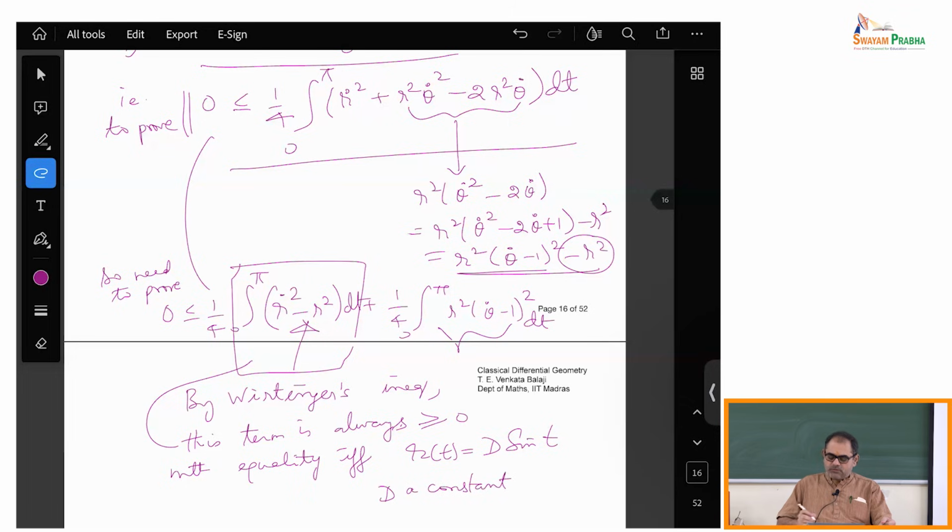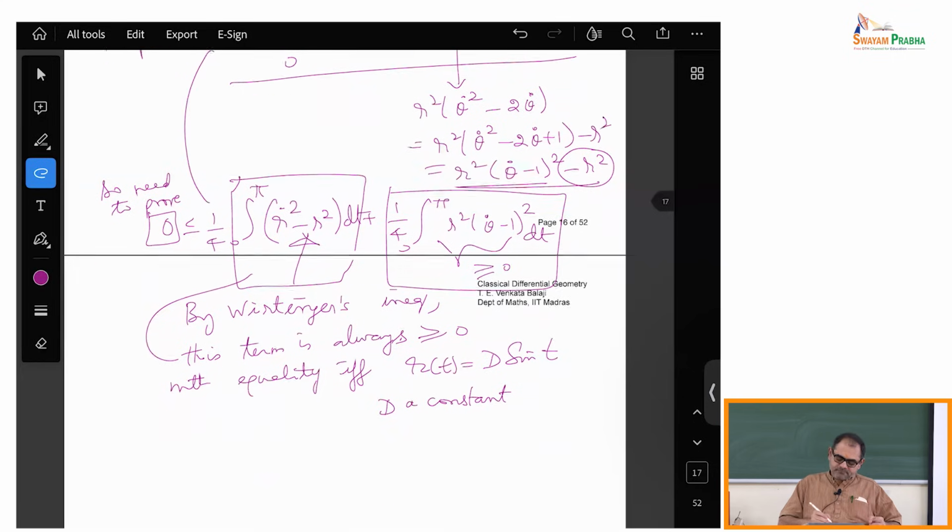But if you want everything to be 0, then this should also become 0. This term is always greater than or equal to 0, and if the integral of a non-negative function is 0, then the integrand has to be identically 0. So it means r squared into theta dot minus 1 the whole squared is 0. But you see r squared is certainly not 0, so it means theta dot minus 1 has to vanish.